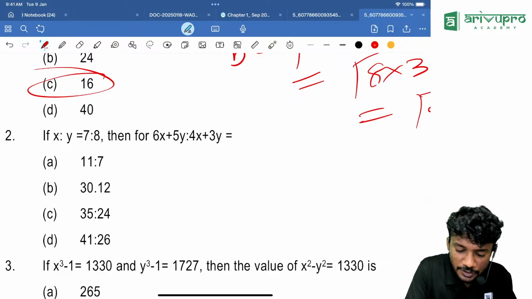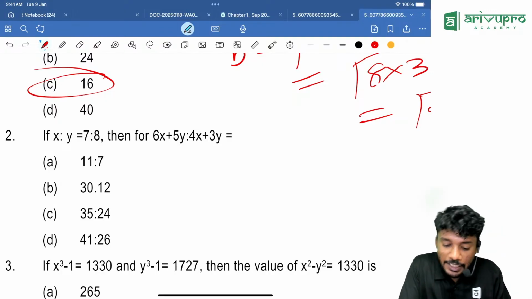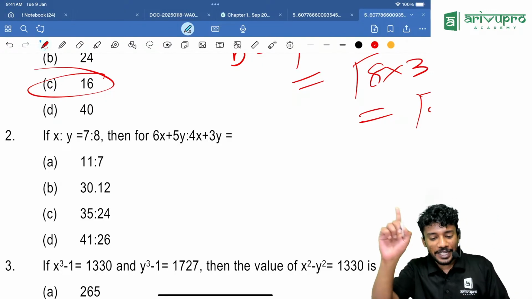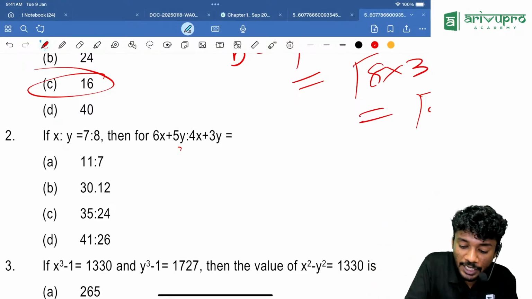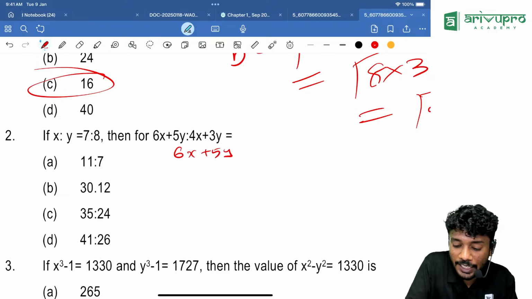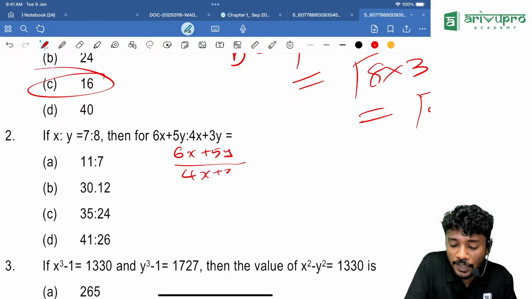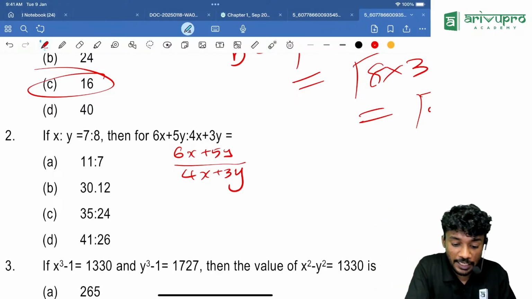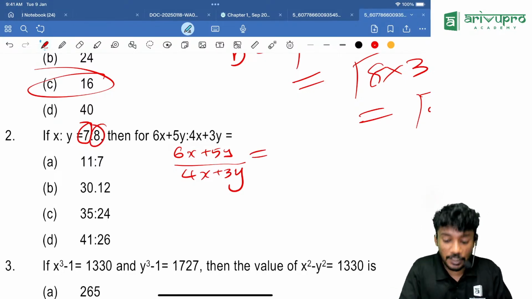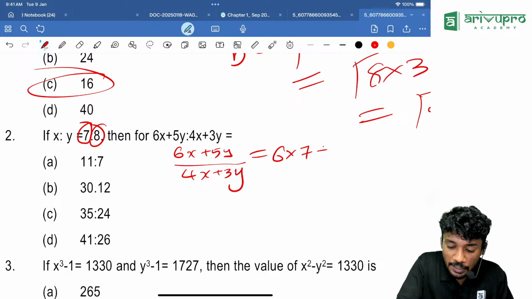If x is to y is equal to 7 is to 8, then find the value of 6x plus 5y is to 4x plus 3y. How can you write this? 6x plus 5y divided by 4x plus 3y. Do you remember our class? We are taking x as 7 and y as 8. Now we are keeping 6 into 7 plus 5 into 8 divided by 4 into 7 plus 3 into 8.